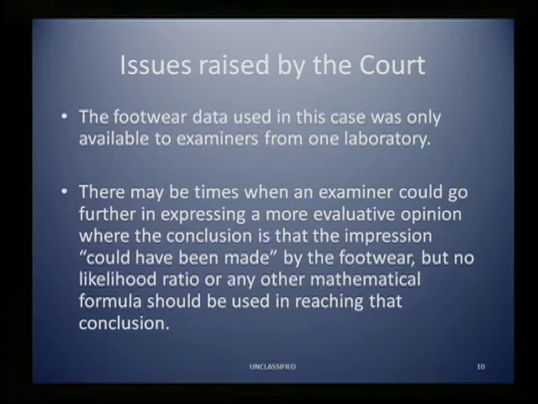The court further went on to say that if there is a more way of expressing an opinion, then it should be done. But in our conclusion scales, we can go all the way up to probably made if I can see more information in the footwear impression and a correspondence on the known shoe.